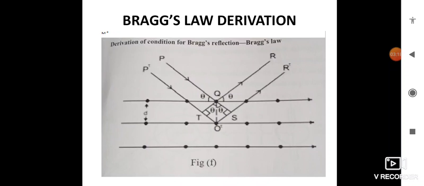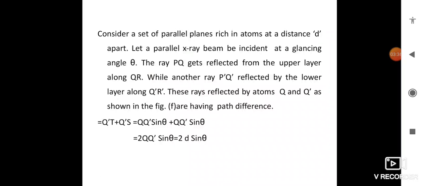If 2d sin theta equals (2n minus 1) lambda by 2, the two rays will annihilate each other, producing destructive interference. From the figure, you can write Q dash T plus Q dash S equals Q dash sin theta plus Q dash sin theta, the same thing.